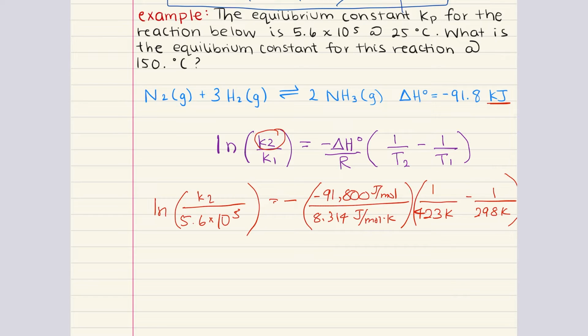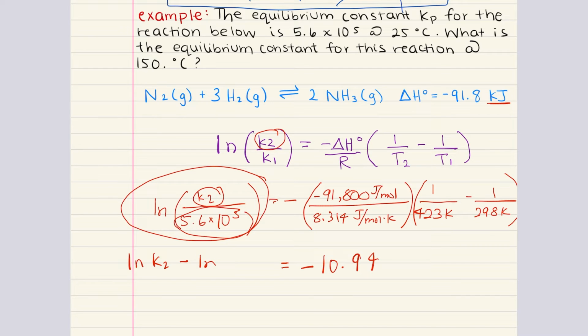Now let's calculate everything on the right side of this expression. When we do that, we get negative 10.94. Now to the left side, I'm going to rewrite this. This is equivalent to natural log K2, the numerator, minus the natural log of the denominator.